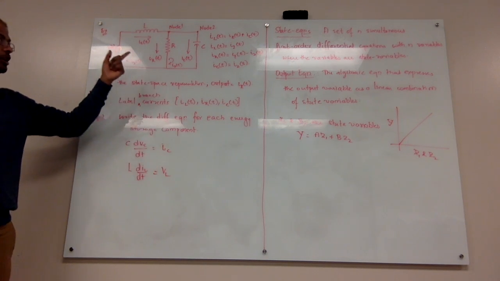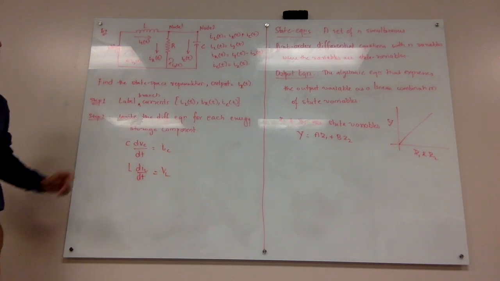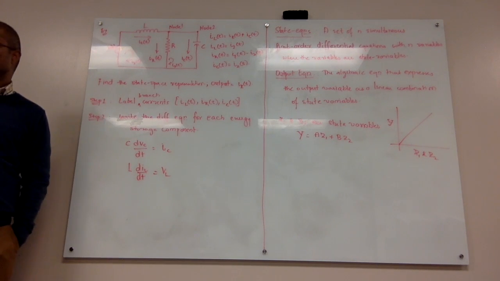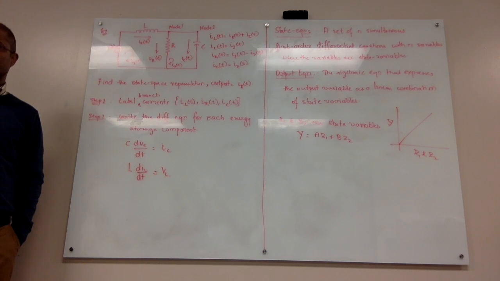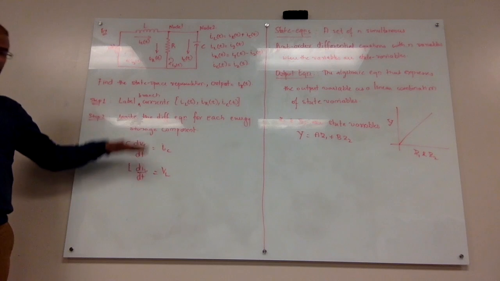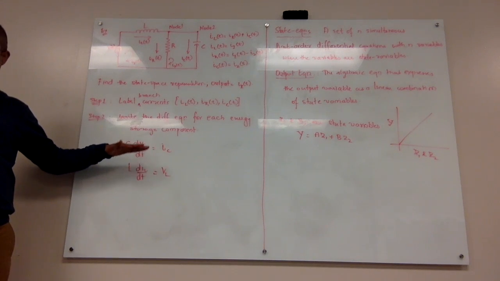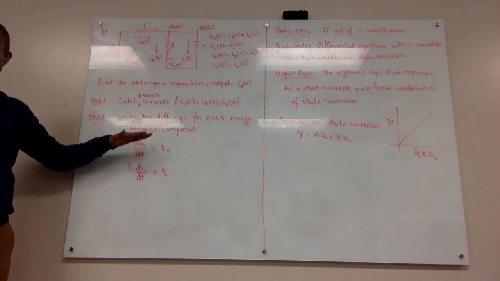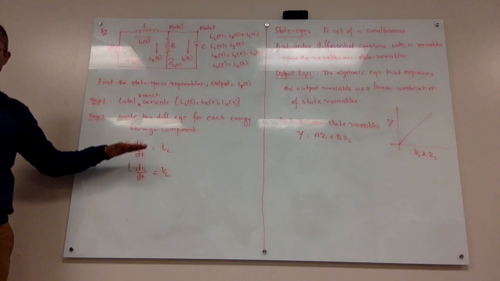How many inductances and capacitances are here? There's one inductor and one capacitor. As many inductances and capacitances as you see in a network, you have that many equations. These are the basis for your state space model.